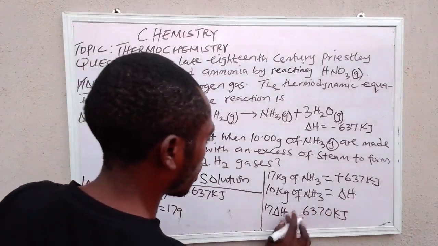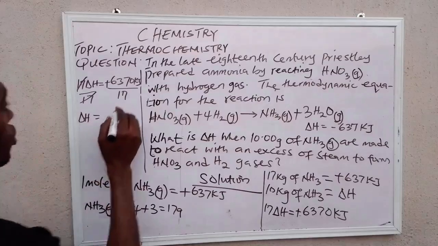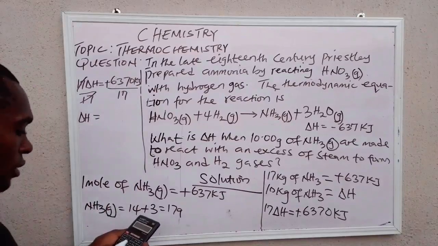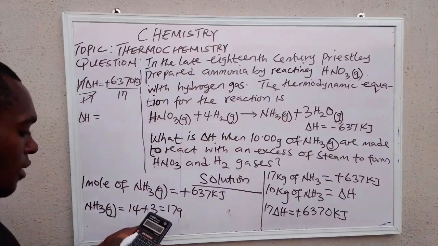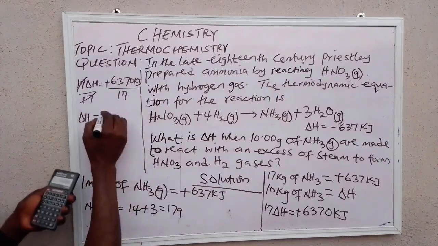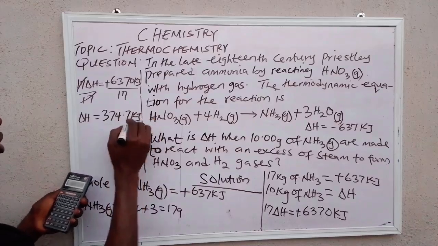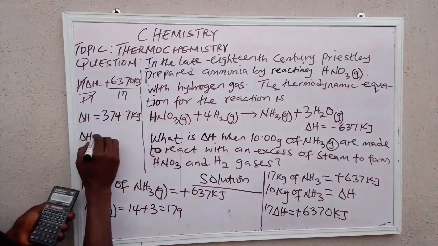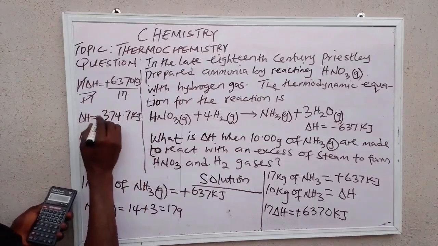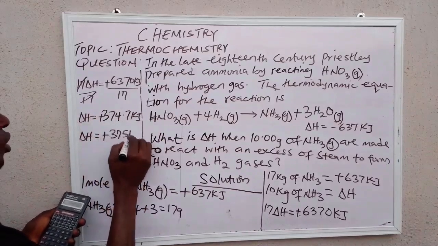So the change in heat here is going to become 6370 divided by 17. So what we're going to have is 374.7 kilojoules, or approximately, don't forget the plus, plus 375 kilojoules.